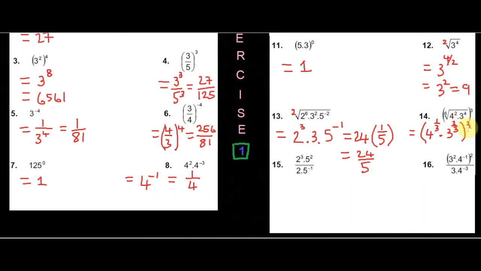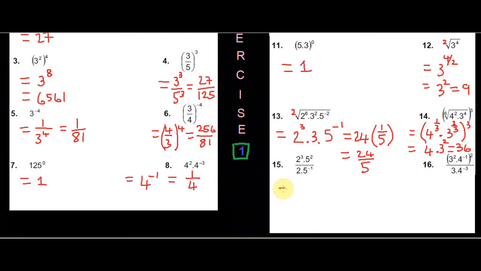This is all cubed. We can multiply the powers. A third times 3 is 1. So it's just 4. And 2/3 times 3 is 2. So it's 3 squared. 3 squared is 9 times 4, of course, is 36.